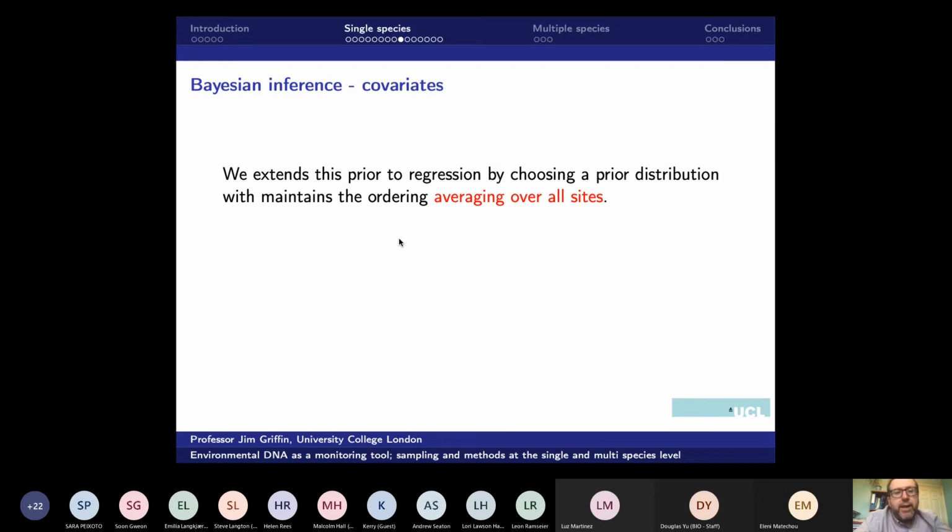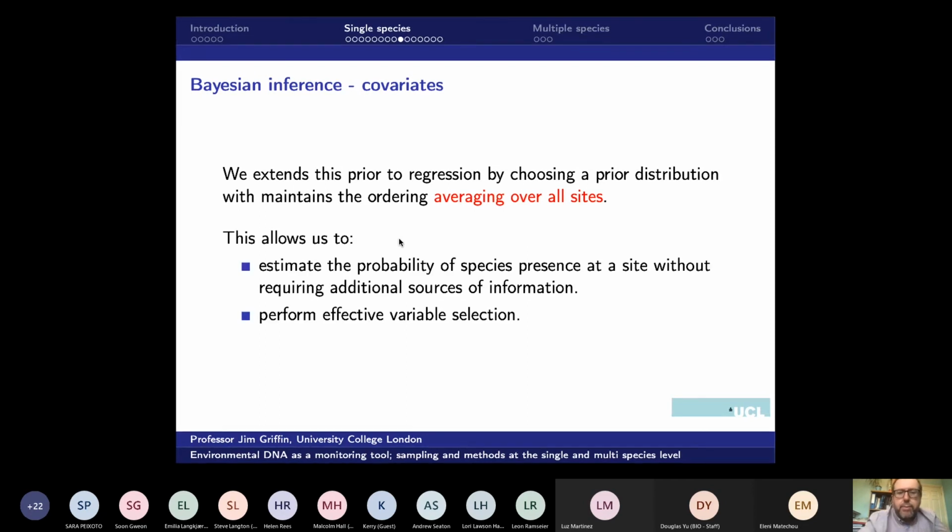Then we have the same setup, that the probability of a false positive is a lot smaller than a true positive, but averaging over all sites. That allows us to understand what factors are driving these error rates, and also to do variable selection. So we can do Bayesian variable selection and put that in as well.